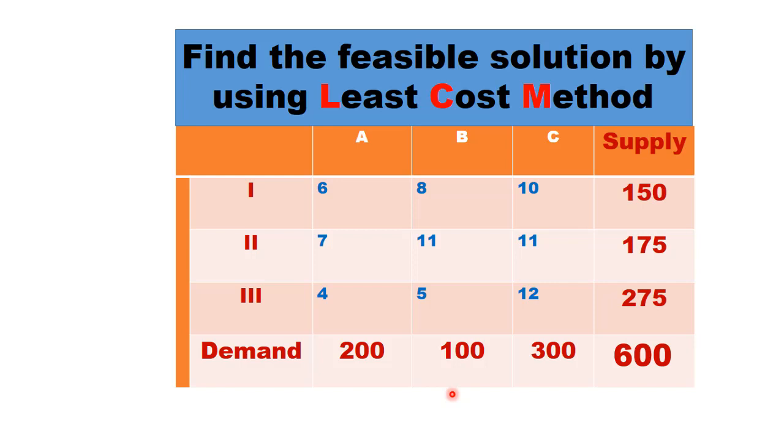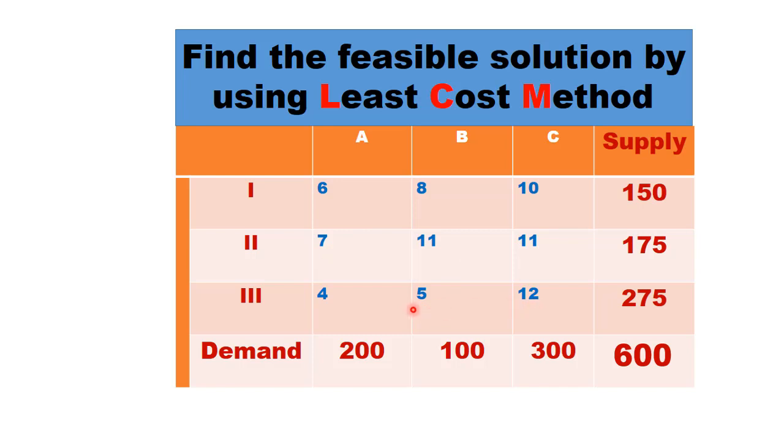Let us see how to solve this problem by using the least cost method. With the least cost method, the basic logic is to allocate to the cells with the lowest costs. The initial allocation is made to the cell in the table having the lowest cost. In our example, see the cost values 6, 8, 10, 7, 11, 11, 4, 5, 12.